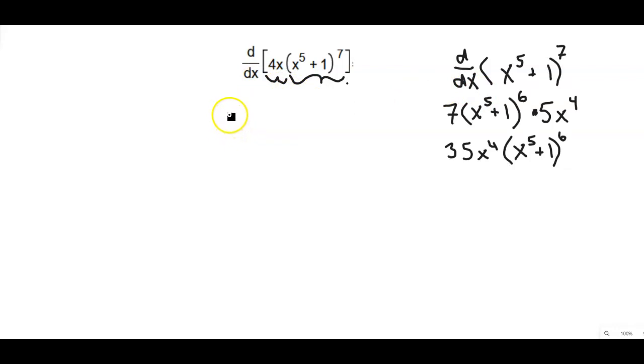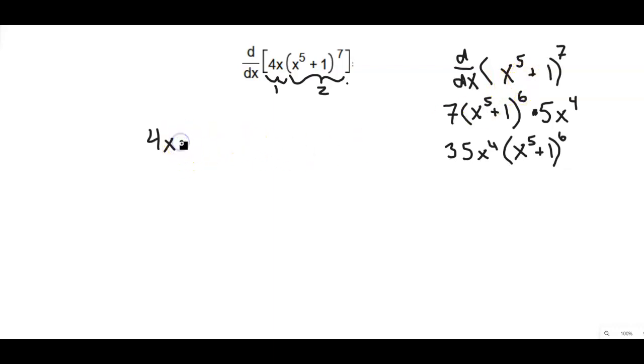Remember, the product rule is the first function, we'll call that number 1 here, and this one number 2. So it's our first function, 4x, times the derivative of our second function. Luckily, we thought ahead. We worked that derivative off to the side, so we already have it.